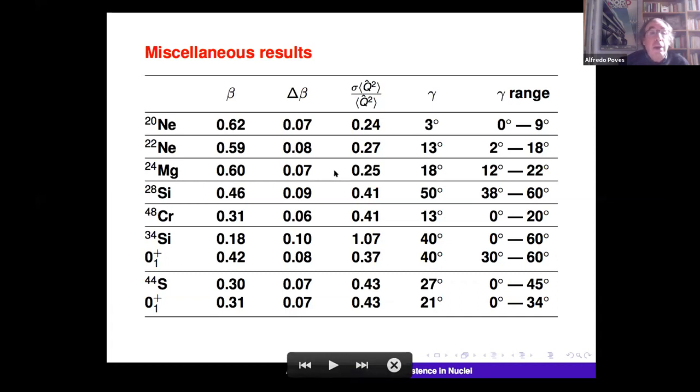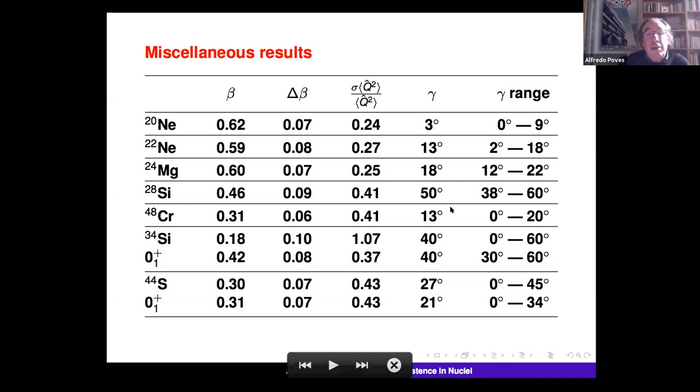And we obtain quite interesting results. What I have here is a list of nuclei with the betas, the delta beta, which is the 1 sigma, and the gamma and the delta gamma. One thing that you realize here is that beta has a delta beta which is sensible, but never small. For instance, in chromium 48, which is well deformed, you have 0.31, 0.06, which is soft.